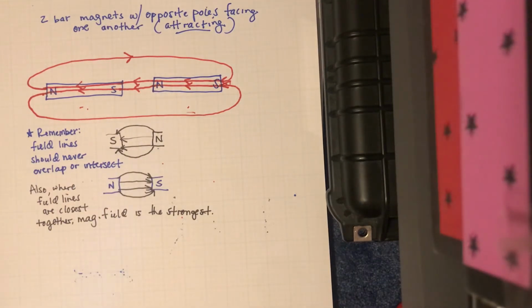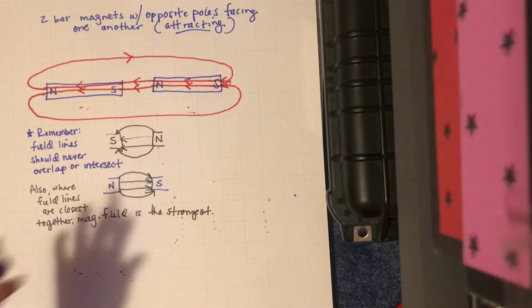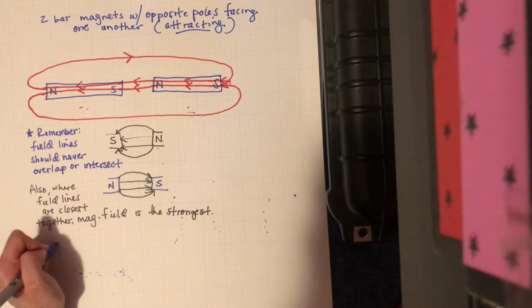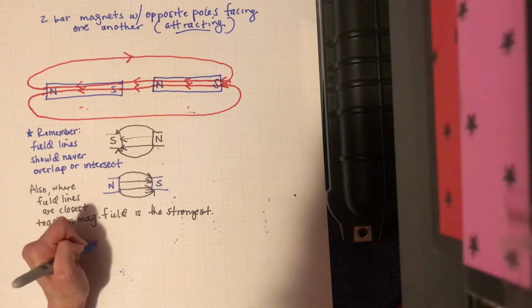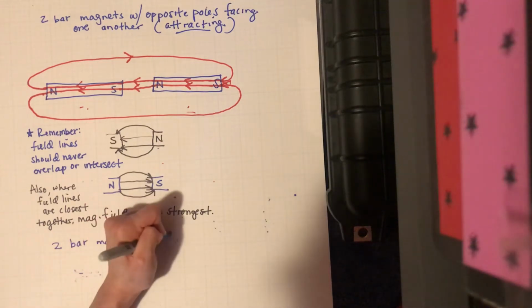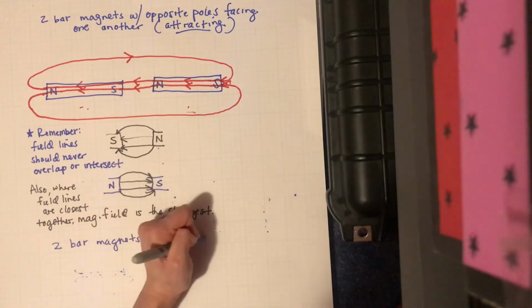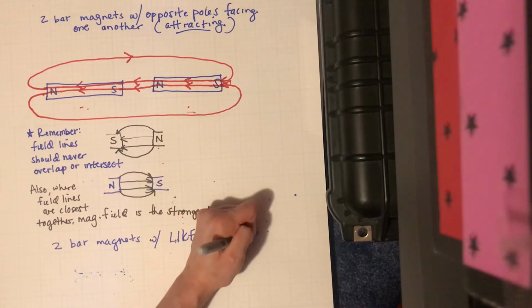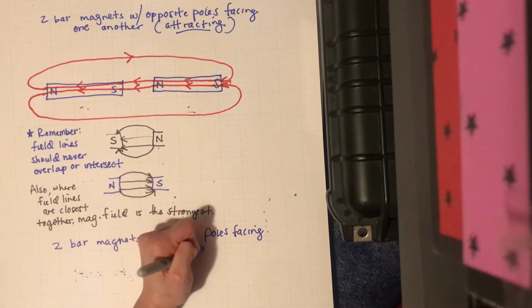Okay, so now I want to look at the opposite situation where we have two bar magnets with like poles facing each other. In other words, these are going to be repelling.